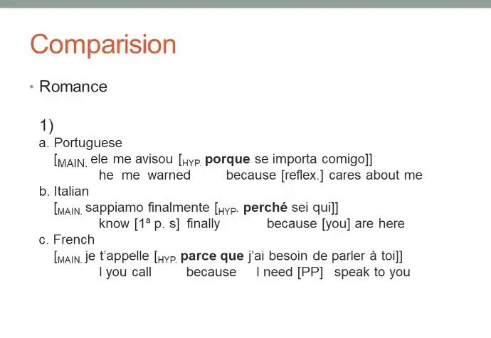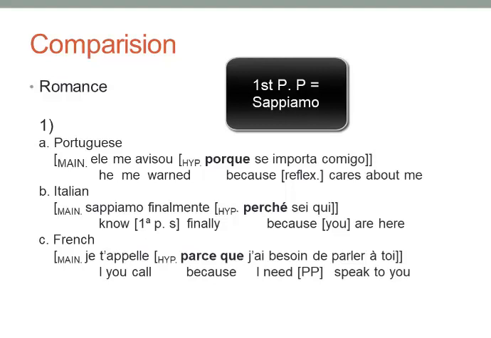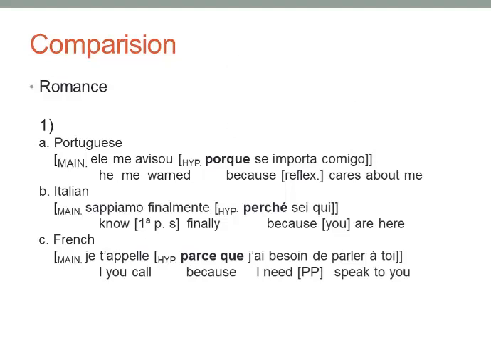The first one is what we call the expletive pronoun or subject. The very first thing we have in the sentence is a verb, sappiamo, which is the verb sapere, to know in English, already conjugated. So we have this additional information which already shows us that the person who knows in the sentence is a first person plural. I have mistyped there, it's not PS, it's PP, which is plural, so first person plural.